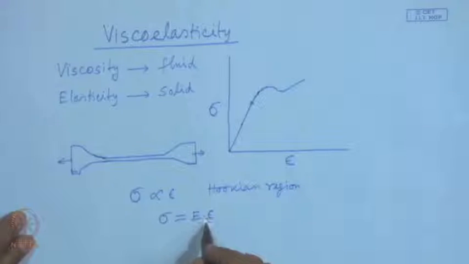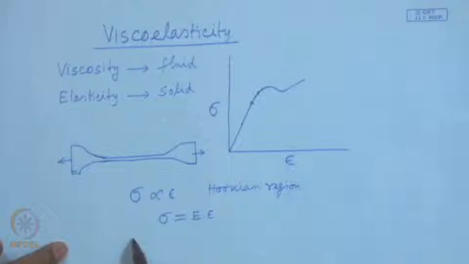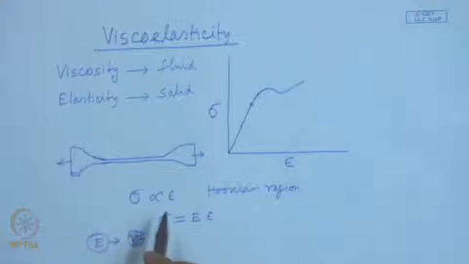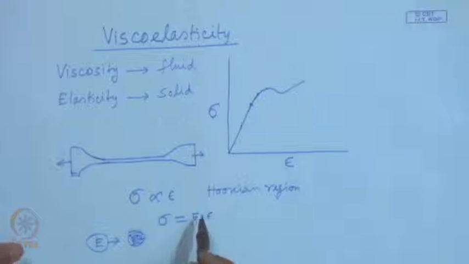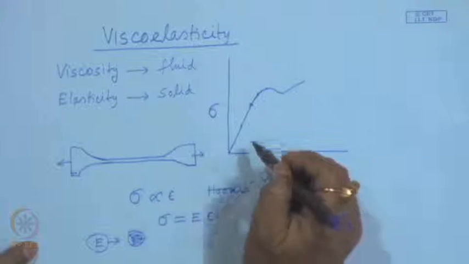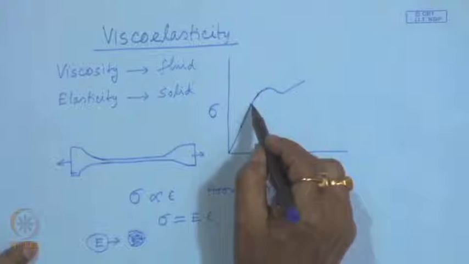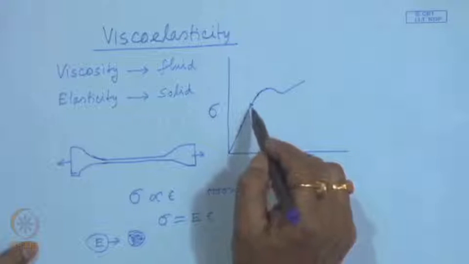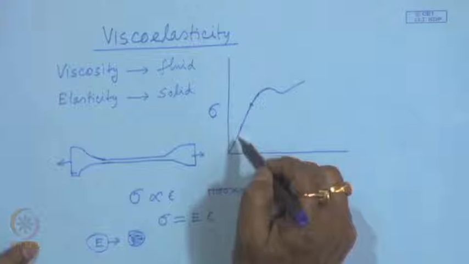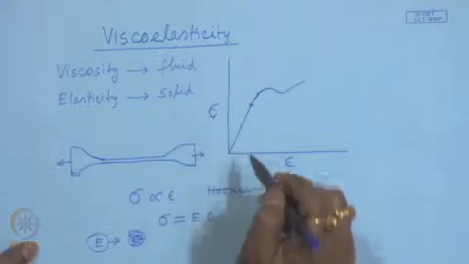This constant is the proportionality constant, known as the Young's modulus. E is the Young's modulus, and this Young's modulus indicates the elasticity or elastic behavior or elastic response of the solid.